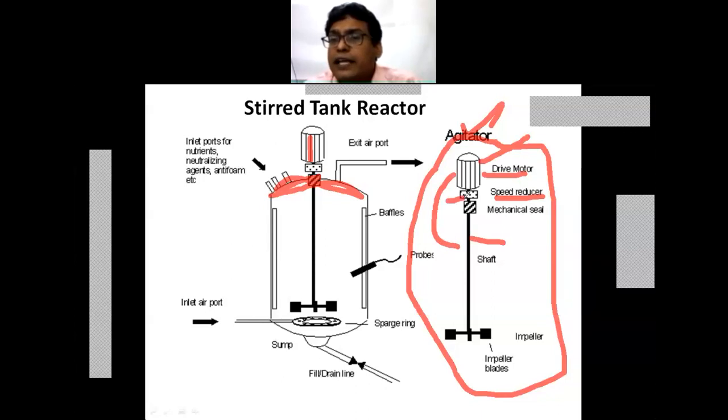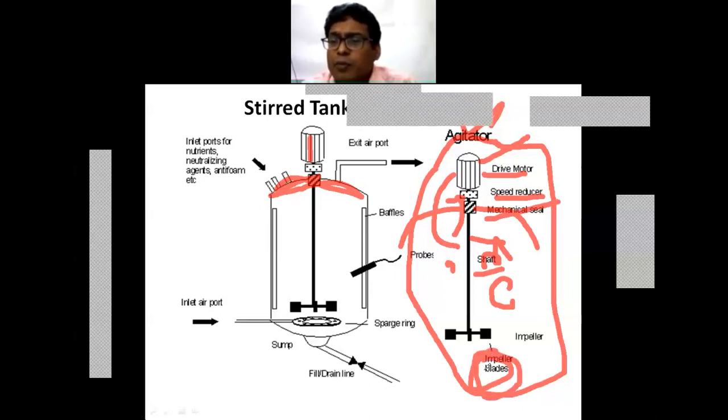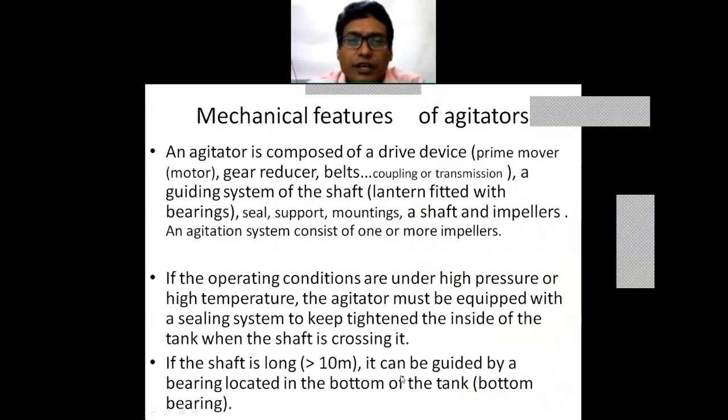So the desired degree of speed reduction is provided by this gear reduction box, and then the mechanical seal prevents the liquid vapors generated inside this tank from going outwards. That is the purpose of a mechanical seal. Then there is the shaft and the impeller blades. So this is the complete assembly of an agitator.